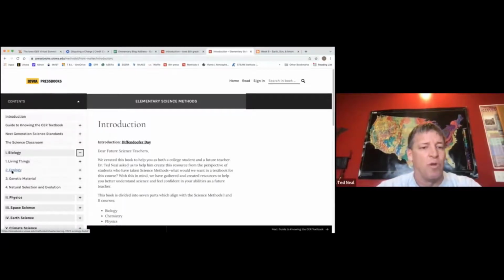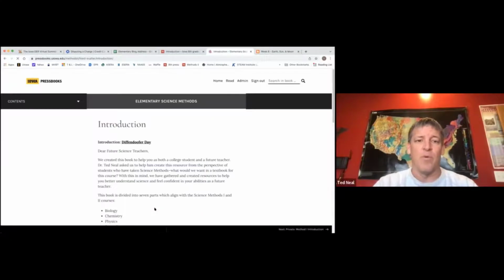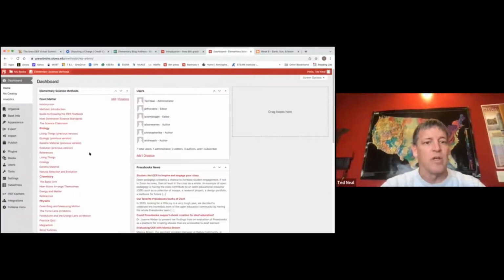One of the things I really like about it is that the textbook is such a live document that as a new instructor comes in, there are things they will want to do because it's their definition of the world and what they want to teach in biology. These are the back pages of how this works, but you can see I've got old versions and new versions, things that don't exist online and things that do.